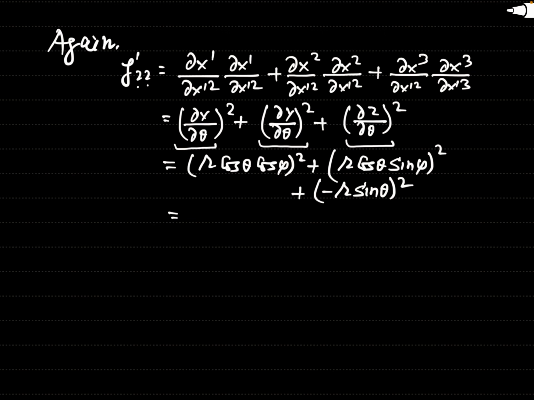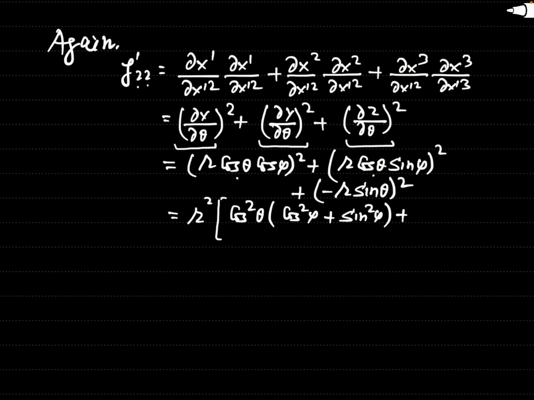Now simplify it. You can see r squared is a common factor present in each and every term, so take r squared as a common factor. And in the first two terms, cos squared theta is also a common factor. So the remaining terms are cos squared phi plus sin squared phi, and plus, for the last term, since r squared is already taken out, only sin squared theta remains. Due to squaring, the minus becomes plus.